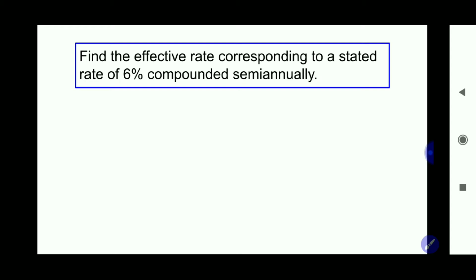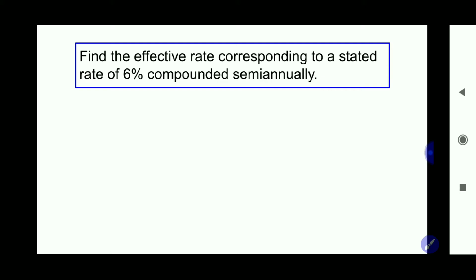Now the last question. Find the effective rate. Observe carefully. Find the effective rate corresponding to a stated rate of 6% compound interest semi-annually. That means here interest is calculated for 6 months. Here we want to find the rate of interest per annum.